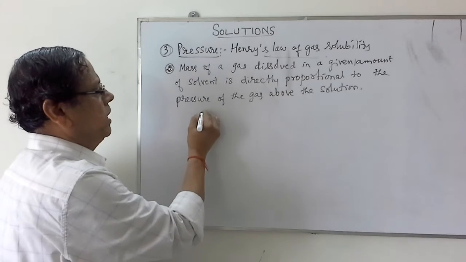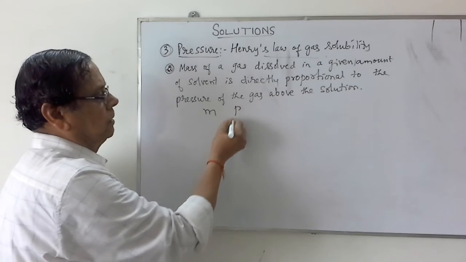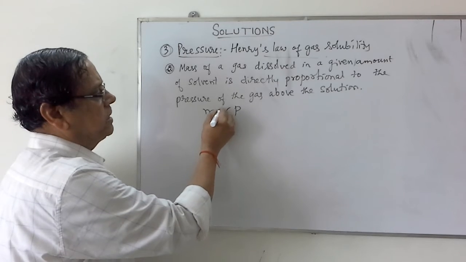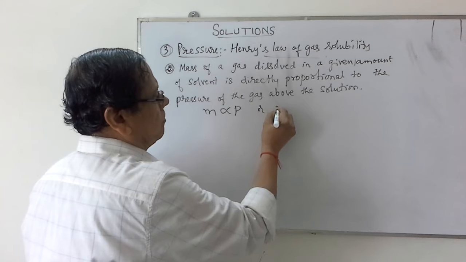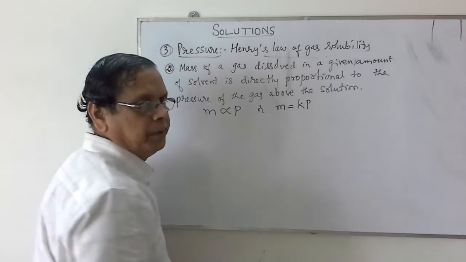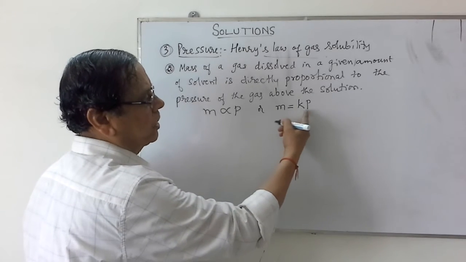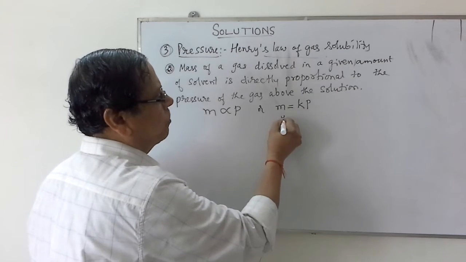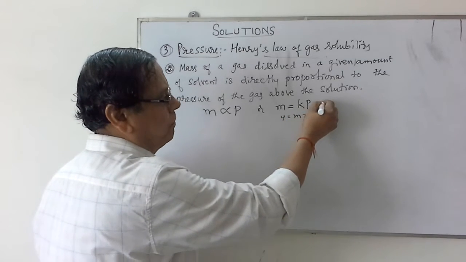Suppose you consider M as the mass of the gas and P as the pressure. Then it is observed that M is directly proportional to P, or we can say mass of the gas is equal to some constant into P. So M is equal to K into P, which is of the form y equals mx plus c, but here c is equal to 0.